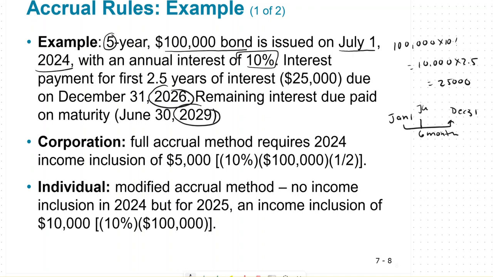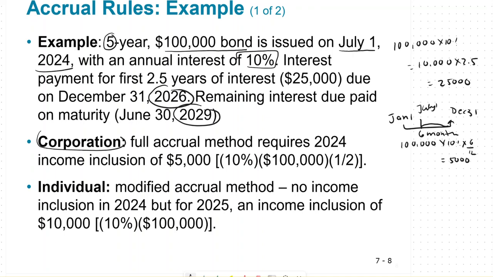We issued the bond on July 1st, so there are 6 months in the calendar year from January to December 31st. How are we going to calculate it? The value of the bond was $100,000, they pay interest at 10%, and 6 divided by 12 gives me $5,000.